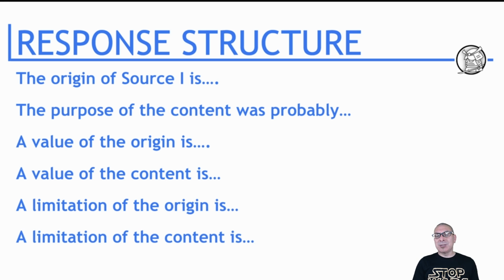You want to be sure that you're giving your explanations of these. These are sentence starters for you, but they're not enough. You have to give the explanation and give good detail. And I recommend you write 2 paragraphs. Origin, purpose, and then the values, 2 of them, and then another short paragraph with 2 limitations, just to really separate your ideas.